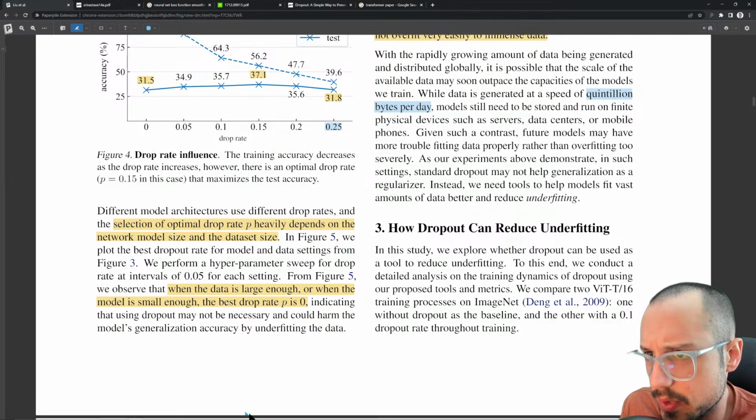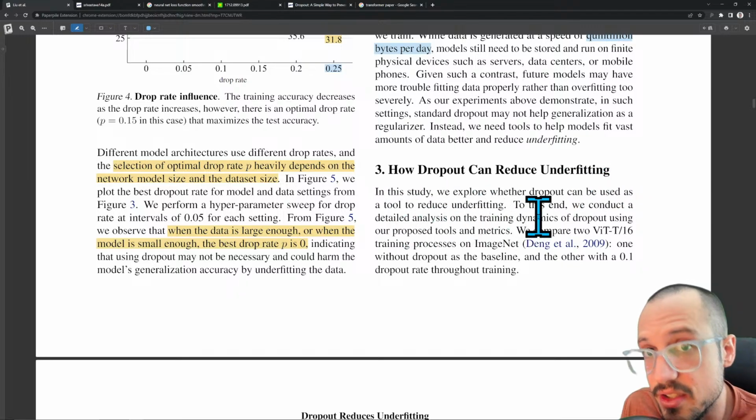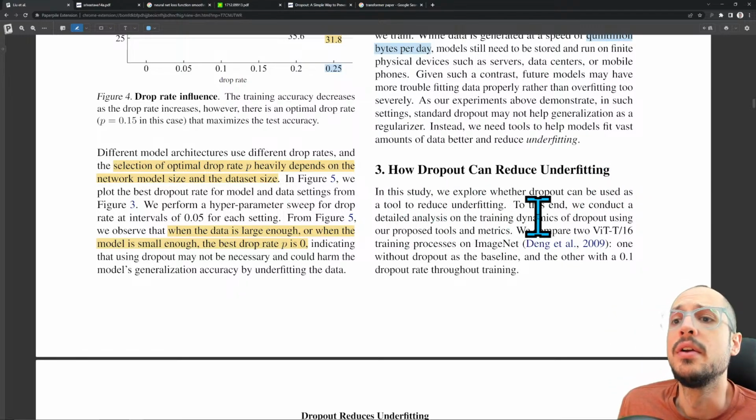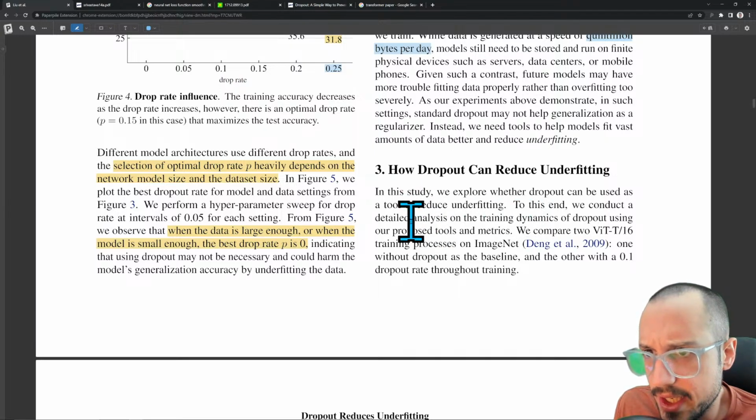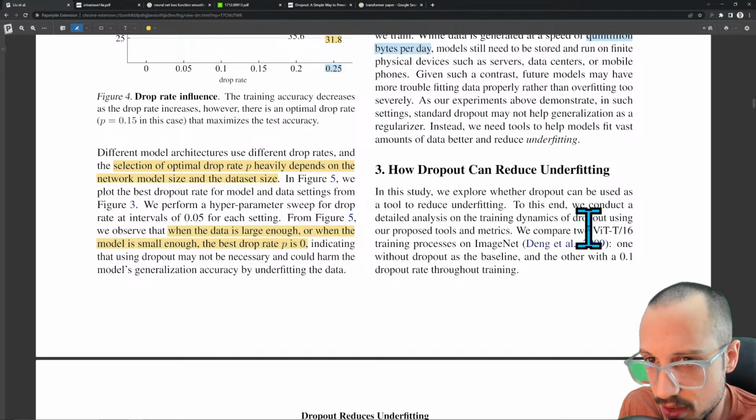How dropout can reduce underfitting. In this study, we explore whether dropout can be used as a tool to reduce underfitting. To this end, we conduct a detailed analysis on the training dynamics of dropout using proposed tools and metrics. We compare two ViT-16 models. So these are the models that they're using, right? ViT-Tinies with 16 image patches on the ImageNet dataset.